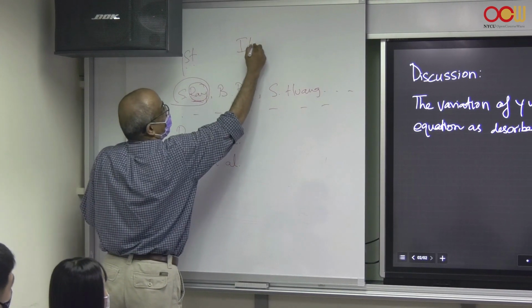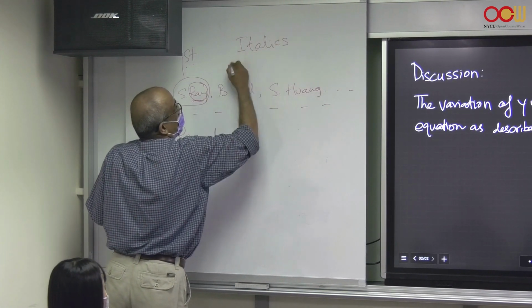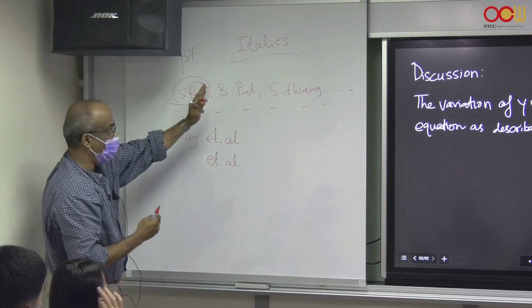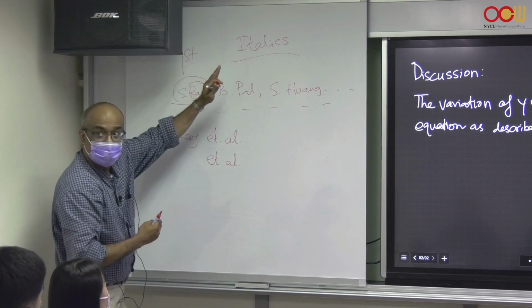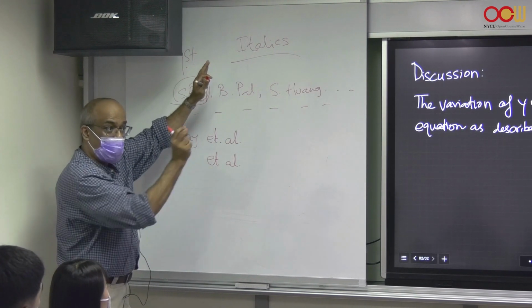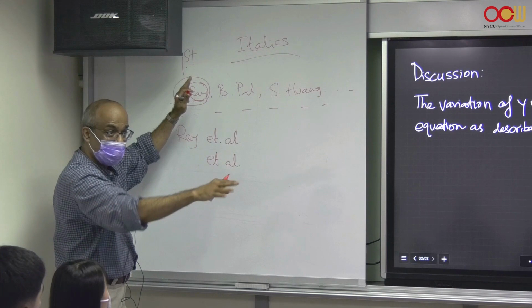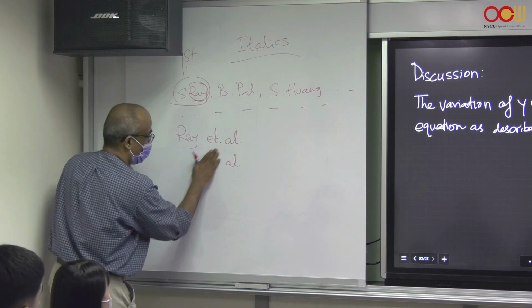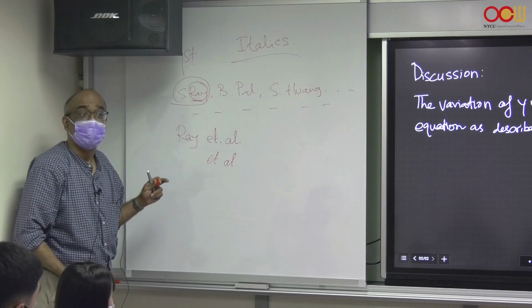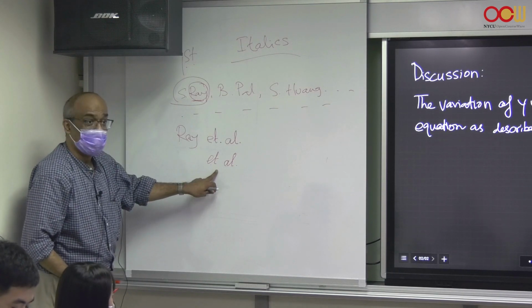It should be italicized, okay? In words, you have that italics, right? Like the words which are a little bit like this, okay? We call italics. Aaron, you understand? Bold, italics, and underline, right? So you have used this one. So it should look like this. That is et al.